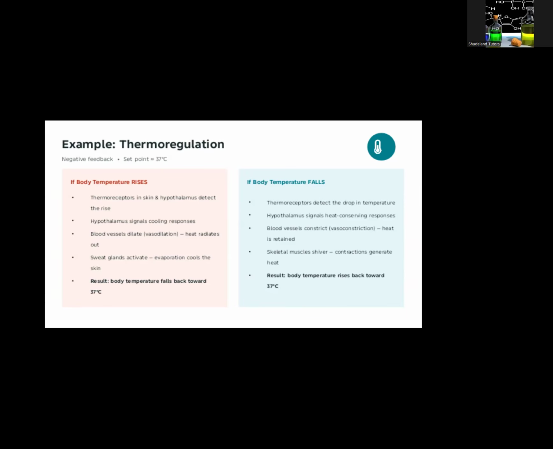Then the third function of the skin is thermoregulation. It regulates our body's temperature. Then the fourth function of the skin is that it can produce vitamin D. It can produce vitamin D when exposed to early morning sunlight.